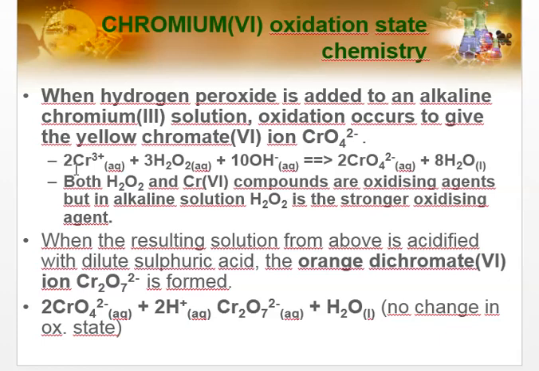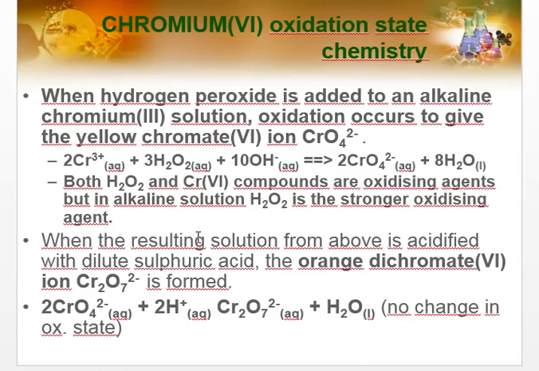We can describe this reaction by the following ionic equation. Both hydrogen peroxide and chromium 6 compounds are oxidizing agents, but in alkaline solution hydrogen peroxide is the stronger oxidizing agent.